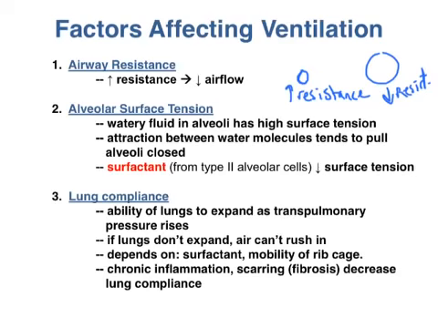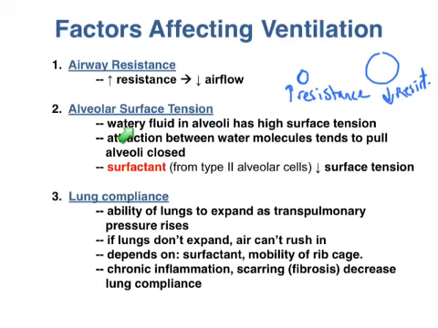Now, surface tension comes into play because you have watery fluid in your alveoli. You have this thin, watery fluid coating the surfaces of those air sacs. And like watery fluids do, this fluid normally has a high surface tension.